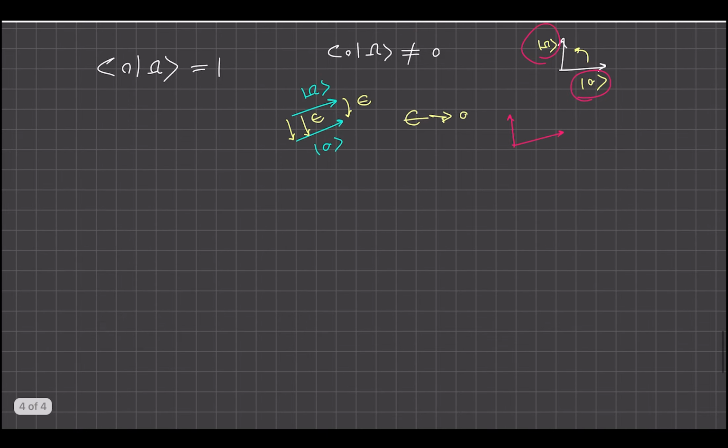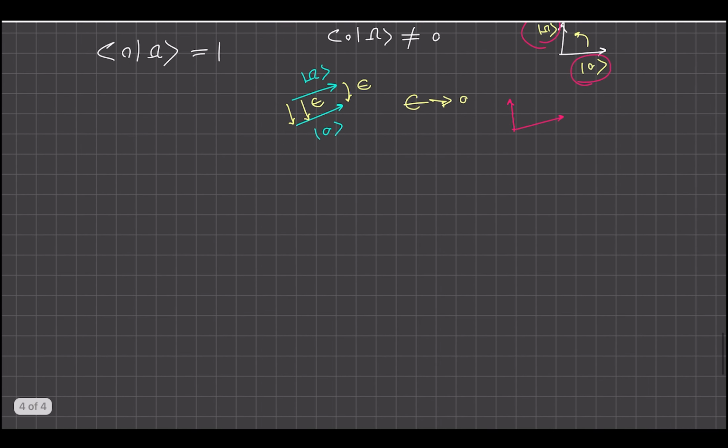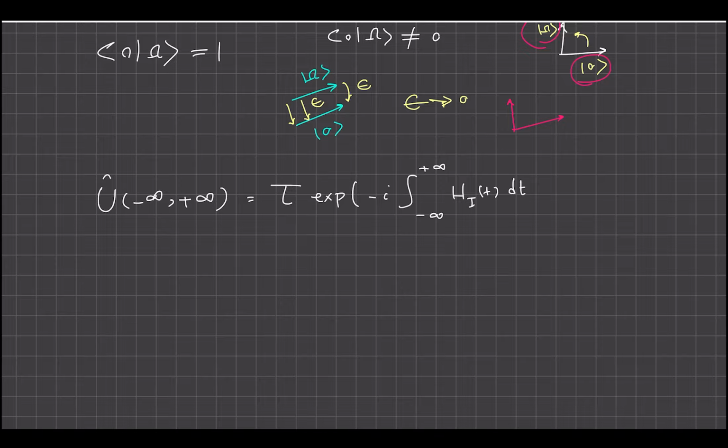Okay, and now how can we practically calculate this integral? It is not really intuitive to calculate a time-ordered exponential of minus i from minus infinity to plus infinity of H_I of t', dt'.